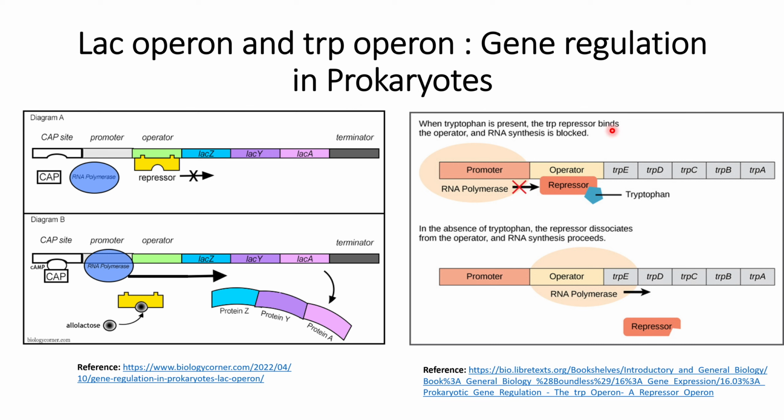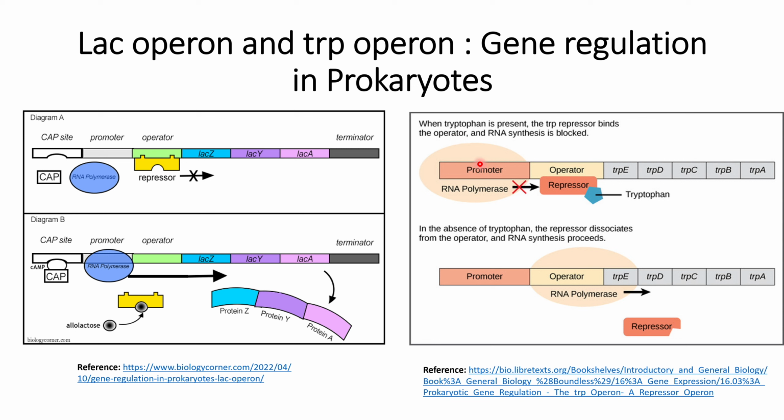Thereby E. coli will be able to generate the tryptophan that could be required, which will help the E. coli bacteria to produce proteins that are responsible for its survival.